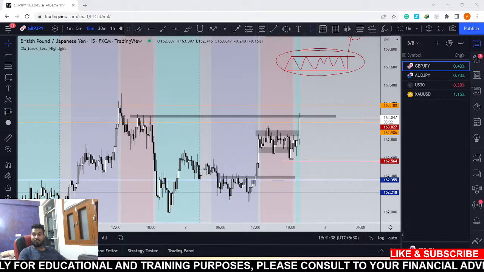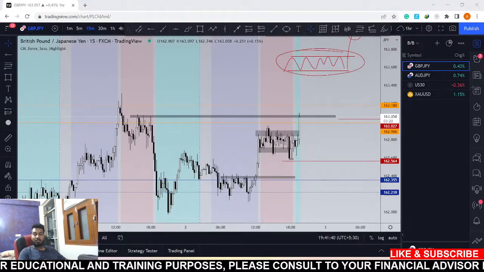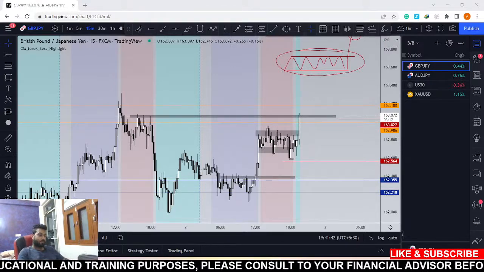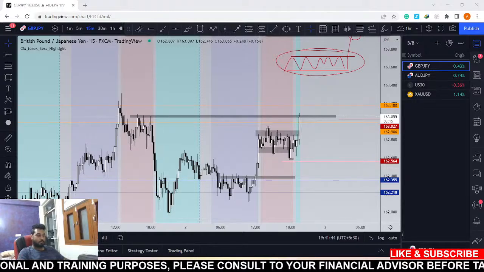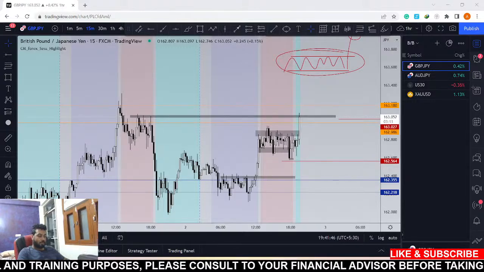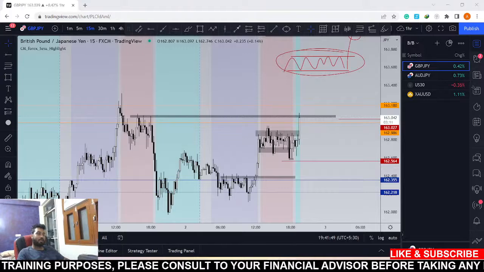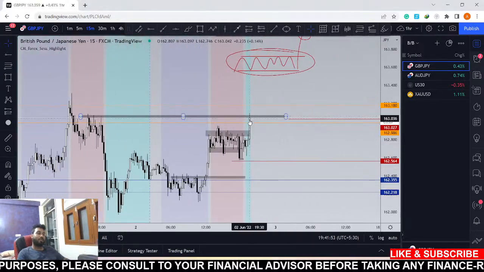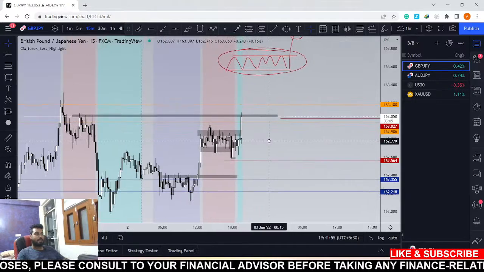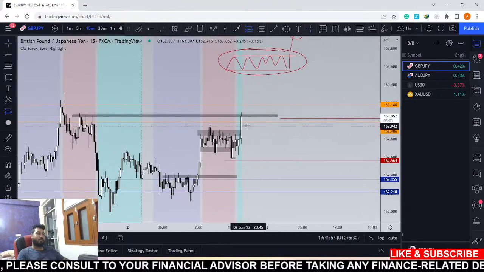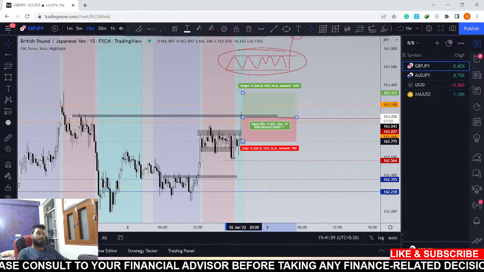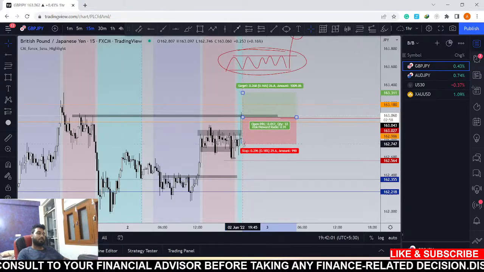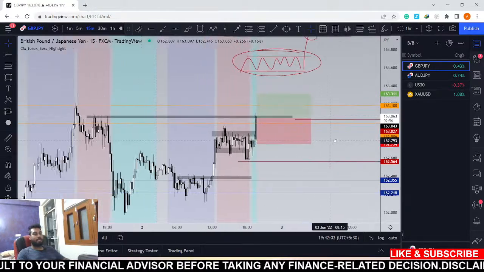What about a stop loss? Casual stop loss on every trade. Okay. So most of the time, I like to place my stop loss below the 15-minute candle, and there is a specific reason for it.